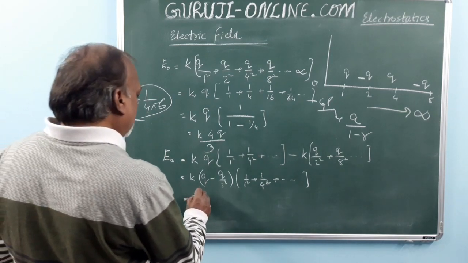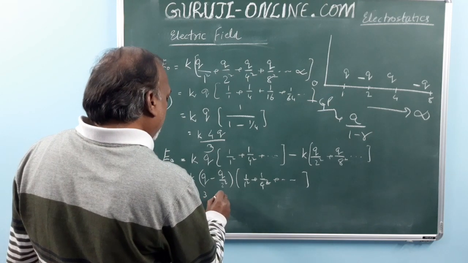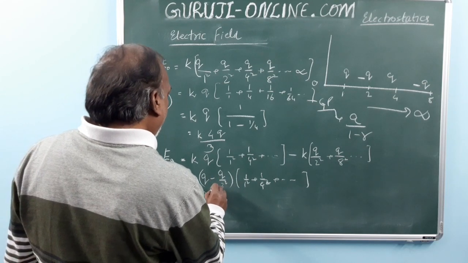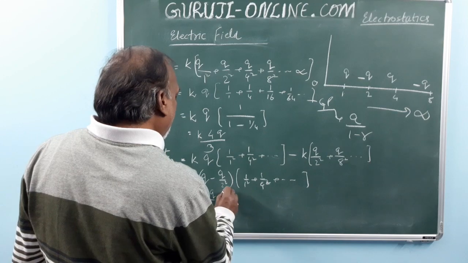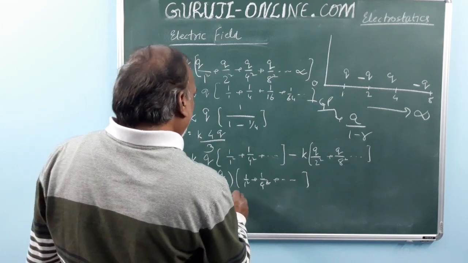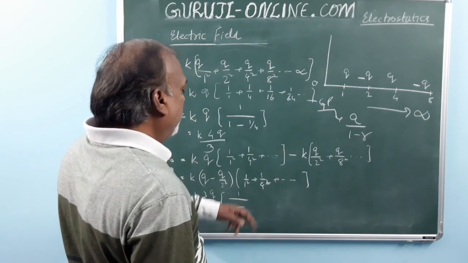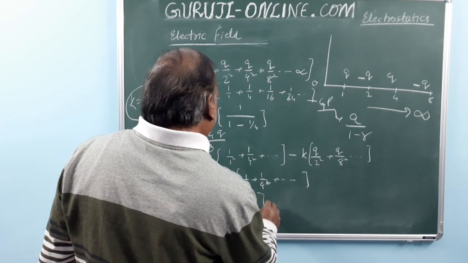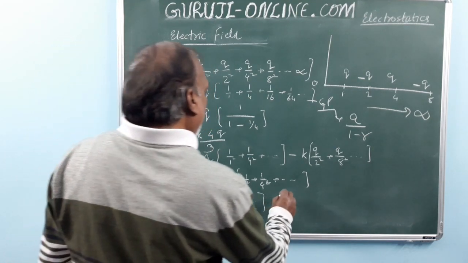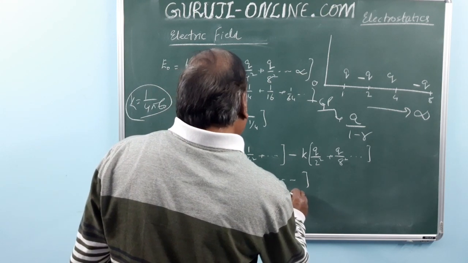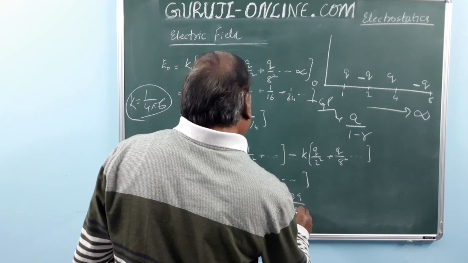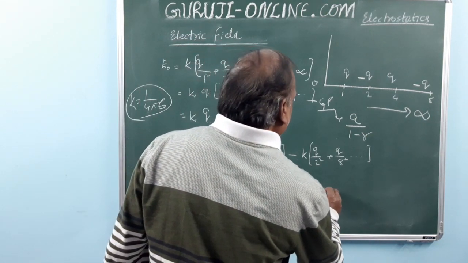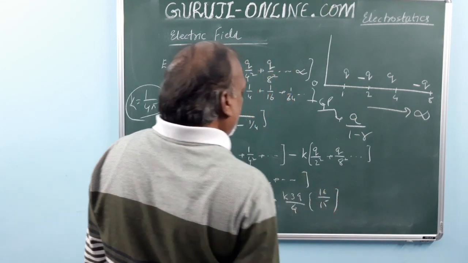This will be nothing but KQ upon 4, and here we can write it as 1 upon 1 minus 1 by 4 square, that is 1 by 16. This will be KQ upon 4, and here 15 by 16, so 16 upon 15, correct?